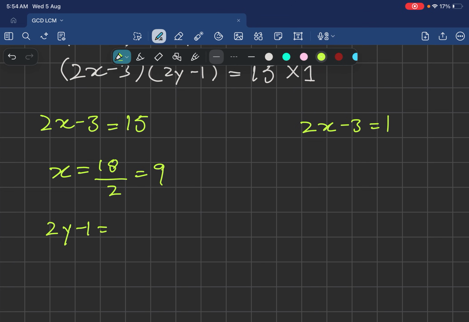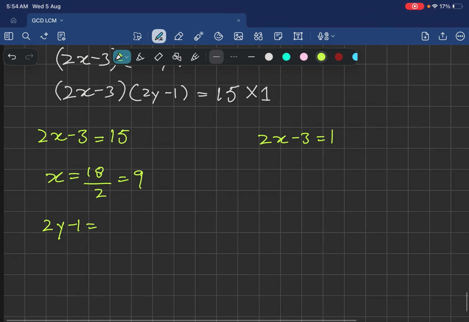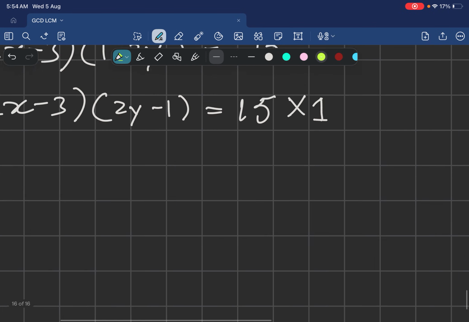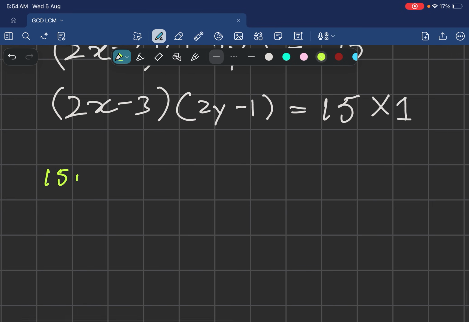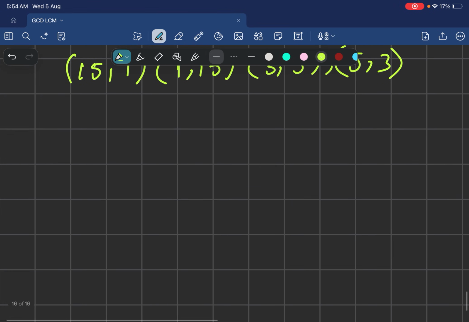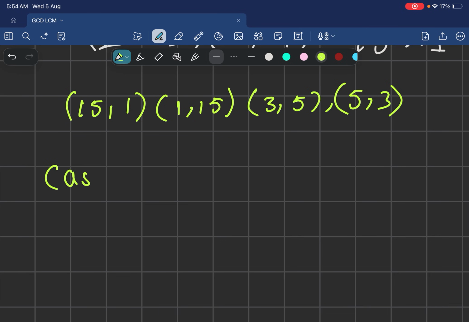Then therefore 2y minus 1 has to be, no, I can actually make even more factors. I can make 15 as 15 times 1, I can make 1 times 15, and I can make 3 times 5, and I can make 5 times 3, right? So there would be 4 cases.